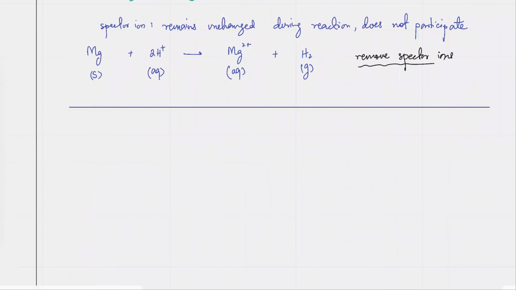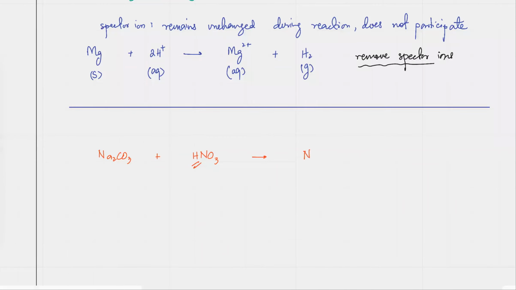So let's try and do another one. I'm going to talk about a carbonate reaction, sodium carbonate reacting with, let's say, nitric acid. So salt, water, and carbon dioxide. The H is going to be replaced by Na.